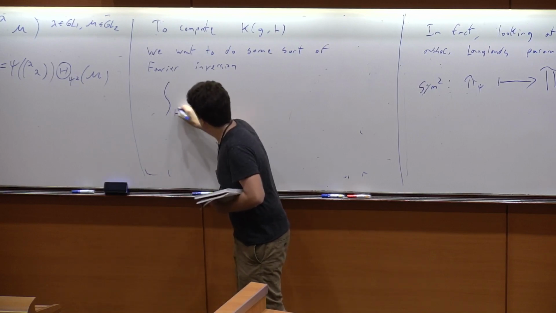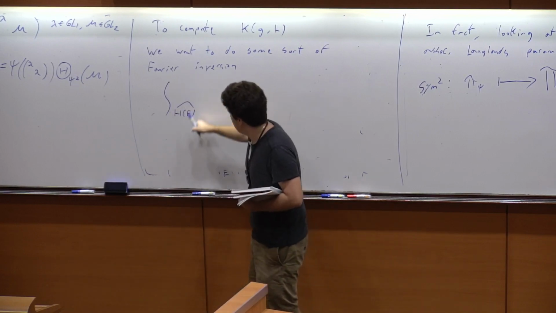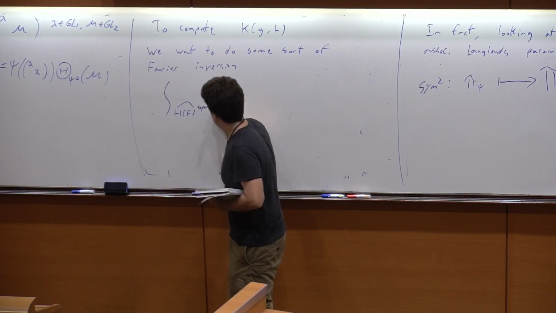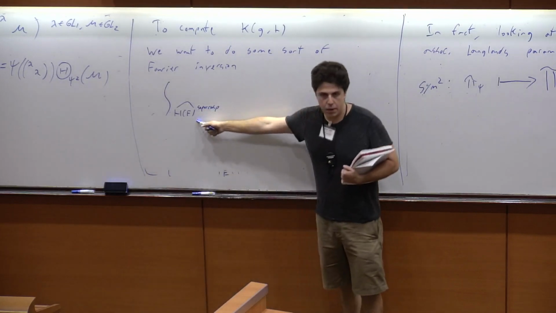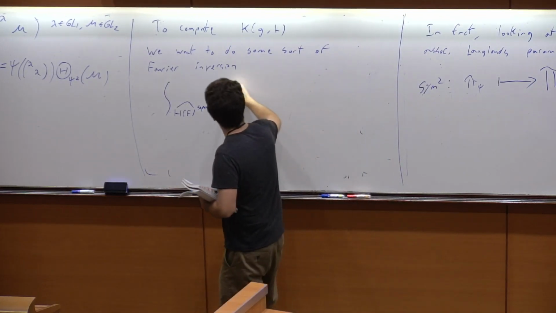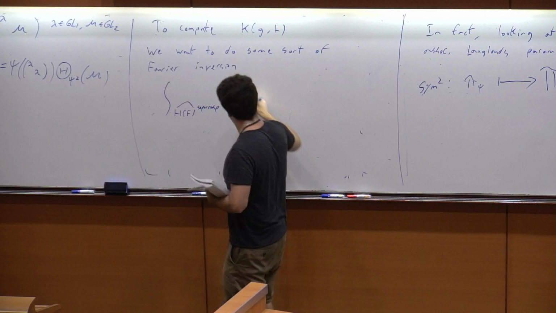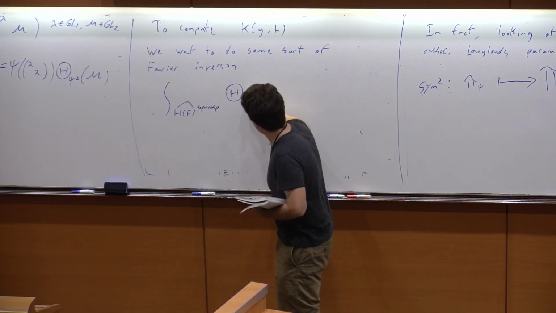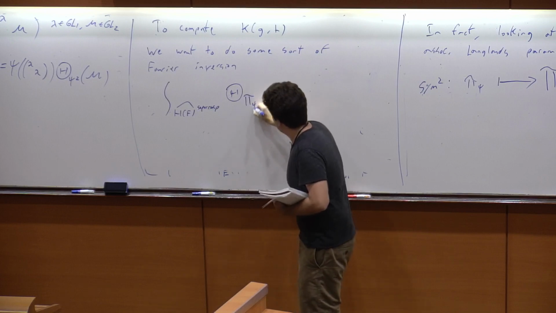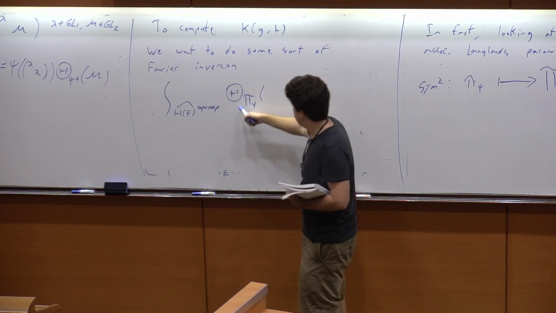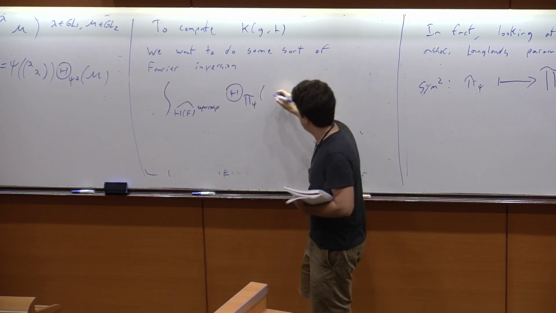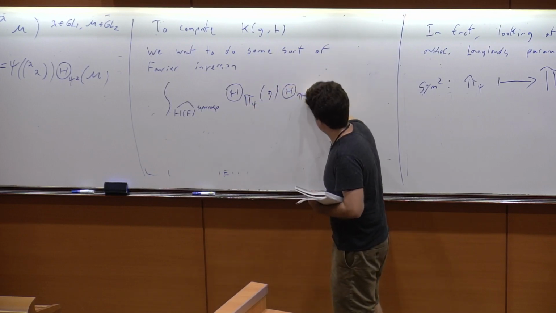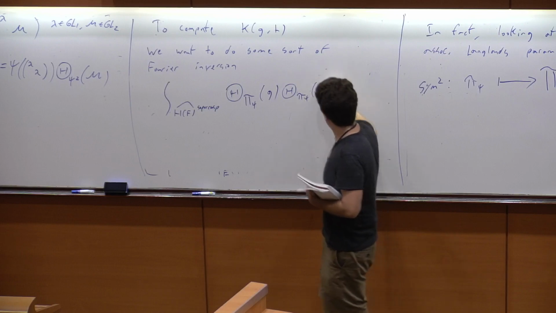Let's say you just want to integrate over the supercuspidal part of the spectrum of H, a very similar integral as in the case of my thesis for tori, where you take the character of big pi psi at g times little pi psi.